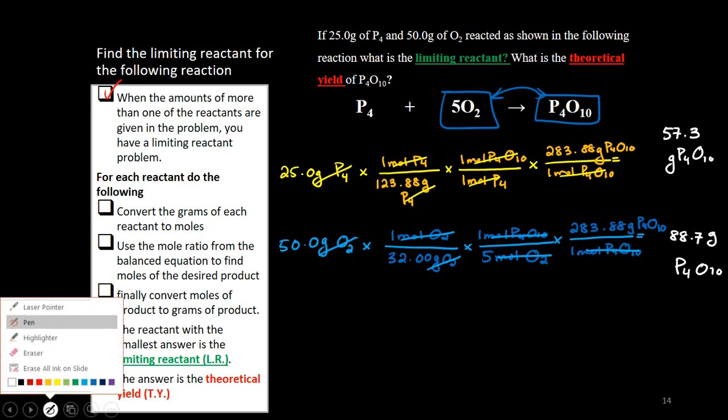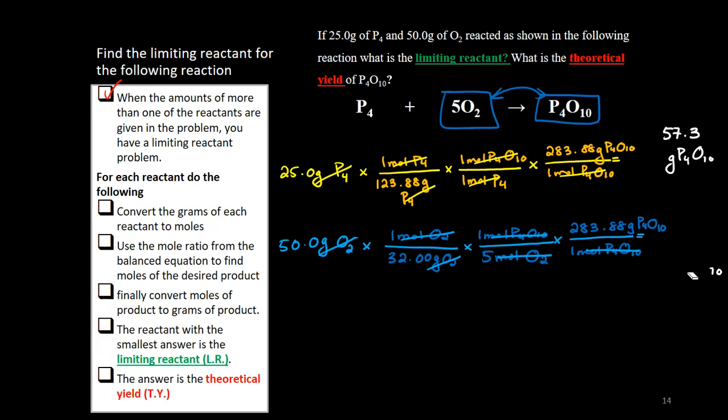So look at that. Let me write it so that I have some space. 88.7 grams of P4O10 can be produced if I used the 50 grams of oxygen.